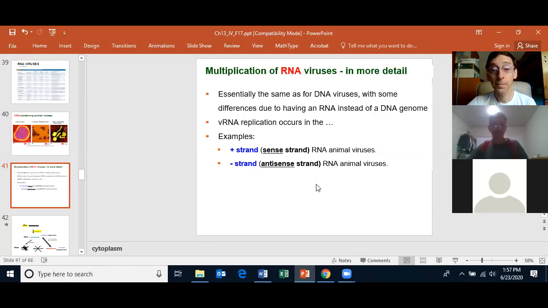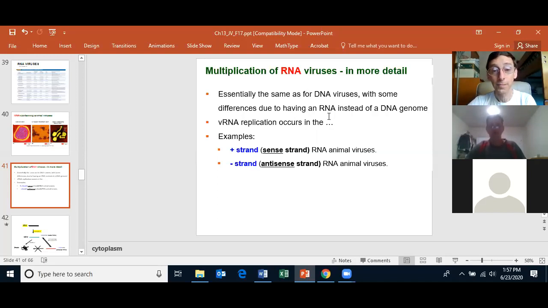There are some other differences that you need to know about when we're talking about how RNA viruses replicate. Obviously, they have RNA for a genome, so there are some differences. For the double-stranded RNA viruses, you just use one strand to make a copy of the other strand. So the double-stranded RNA viruses replicate essentially similar to double-stranded DNA.